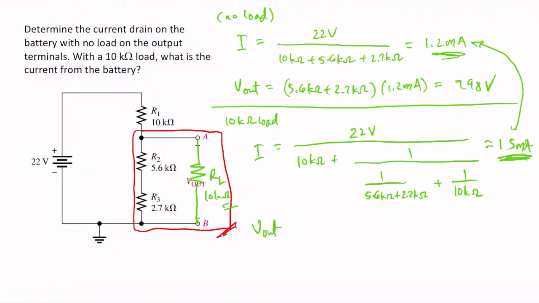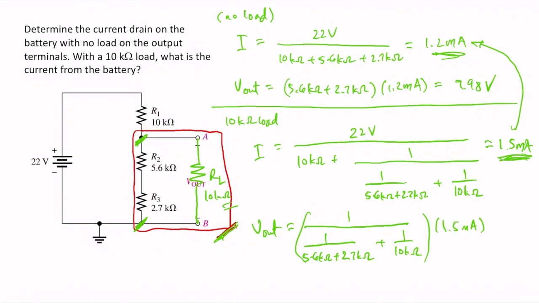Now let's take the output voltage, which is nothing but the voltage across these 2 points, A and B, which is the equivalent resistance across this network of resistors, 1 over 5.6 kilo ohms plus 2.7 kilo ohms plus 1 over 10 kilo ohms, and multiply that by the current that we already solved. So V out is equal to 6.86 volts.